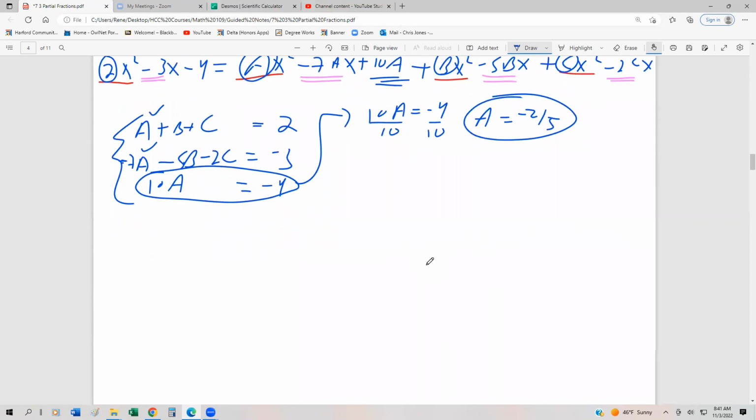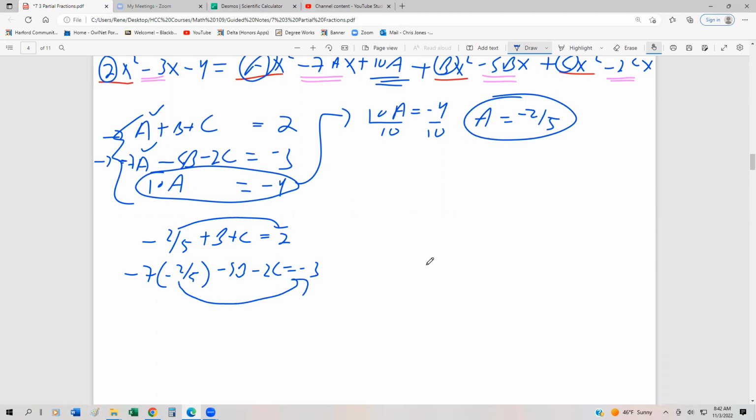Looking at equations 1 and 2, we get -2/5 plus b plus c equals 2, and -7 times -2/5 minus 5b minus 2c equals -3. Now, we're just going to add 2/5 and then subtract 14/5.